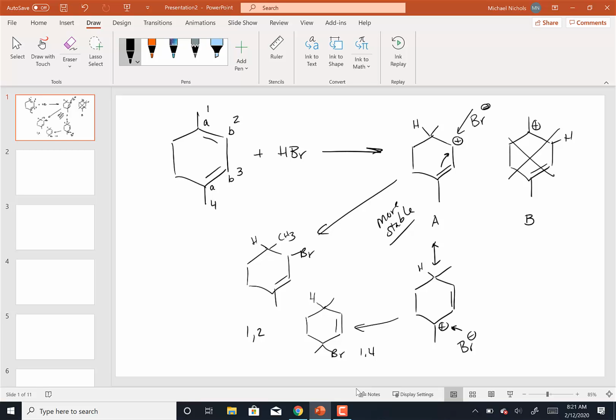But here's my question now. 1,2: is it the kinetic or thermodynamic? What's 1,4? So take a minute. Which one is kinetic?